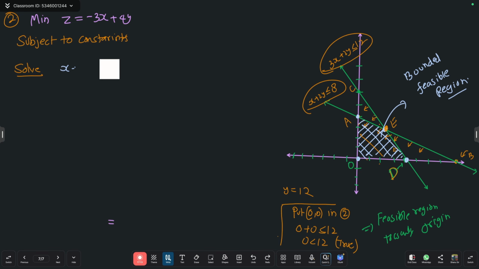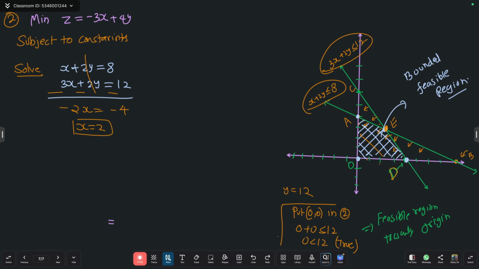Solve x plus 2y equals to 8 and 3x plus 2y equals to 12. Subtraction is easy, 2y cancels. Subtract: x minus 3x is minus 2x, 8 minus 12 is minus 4, so x is 2.